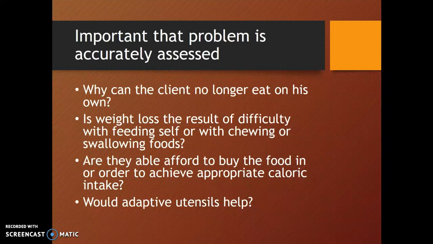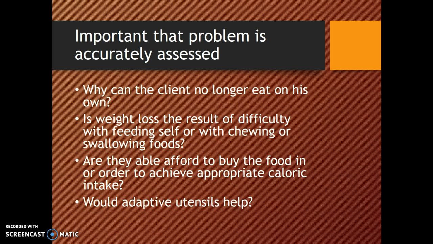If you have a patient who's having a swallowing or chewing difficulty, we need to, again, do our assessment. Looking at ADPI, what is the first thing we do? We assess. So why are they having a problem? Is it that they are physically having a problem with utensils or with getting the food to their mouth?